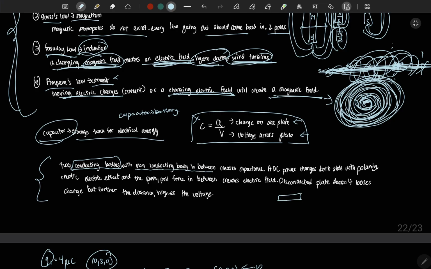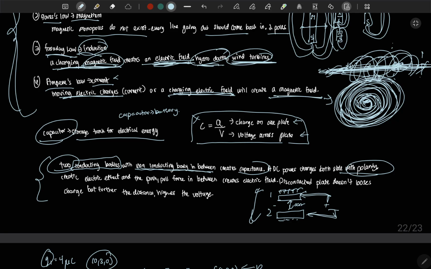If we have two plates, plate 1 and plate 2, and here is air, which doesn't conduct electricity, this creates capacitance. A DC power source connected with plus and negative charges both sides. The positive goes here, negative goes here, so it charges with positive ions here and negative ions here, with polarity, which creates an electric field.